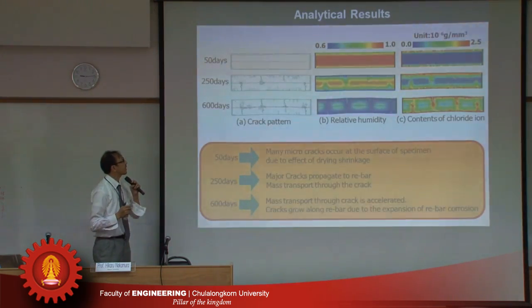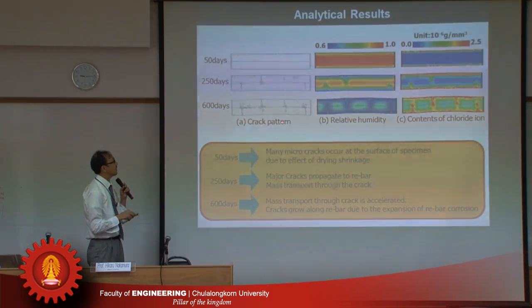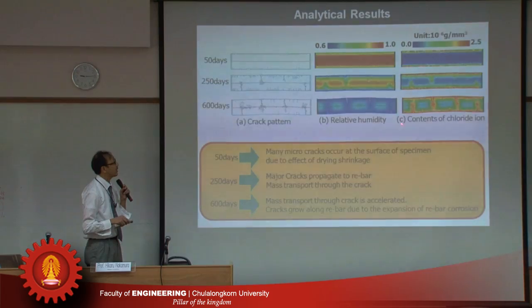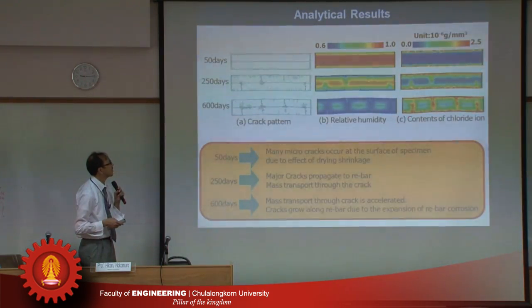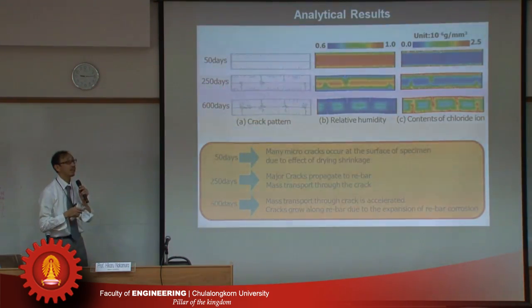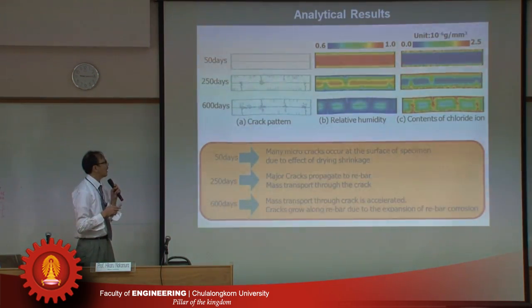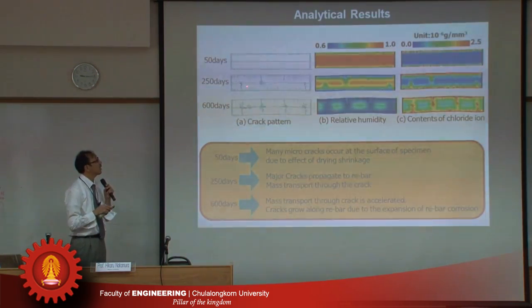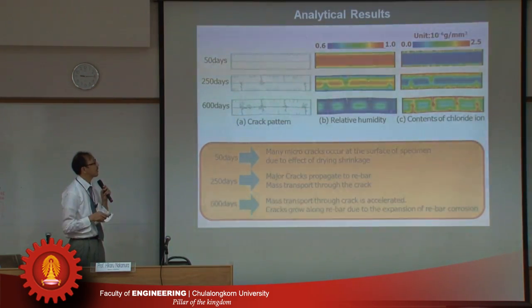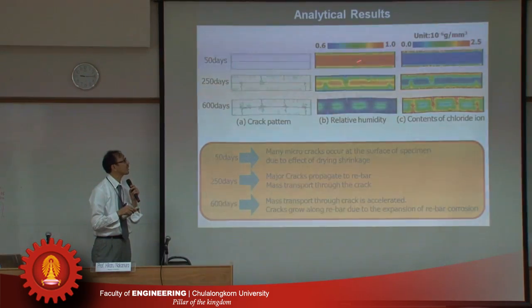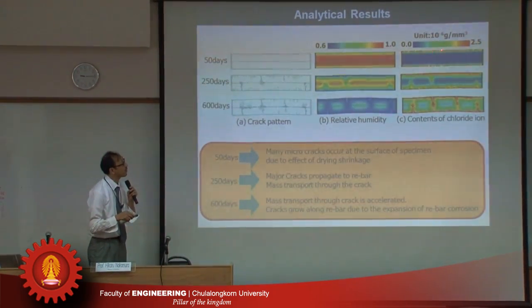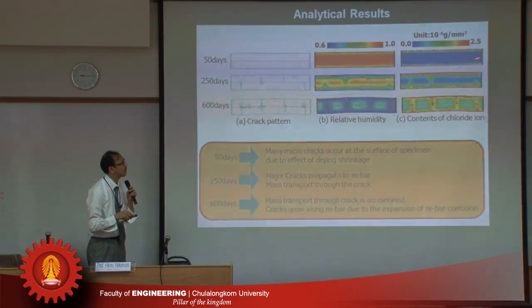This is the analytical result: crack pattern, relative humidity, and content of chloride ions. At 50 days, this is just a simulation, so the time is not so important, many microcracks occur at the surface of the specimen due to drying shrinkage. Drying occurs from the outside of the specimen, and of course the chloride ion penetrates from the outside.